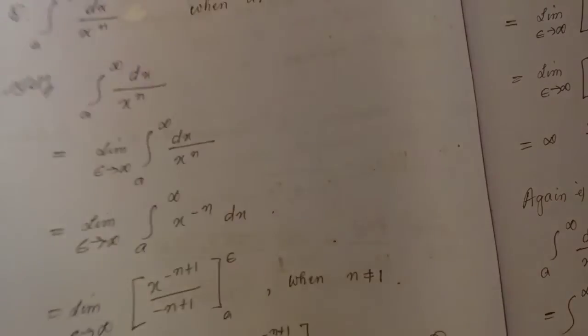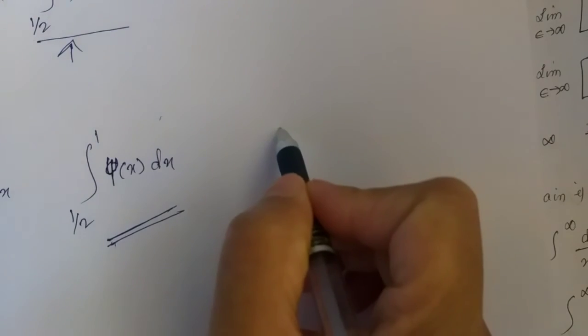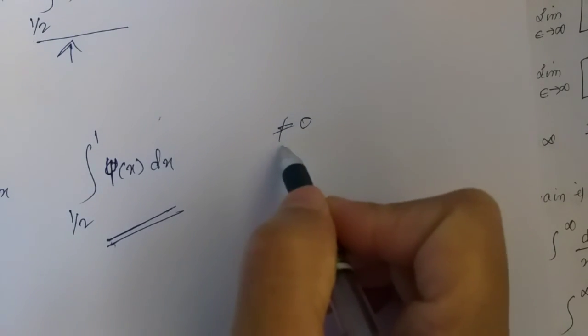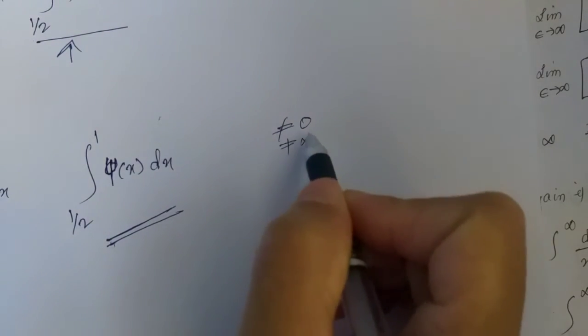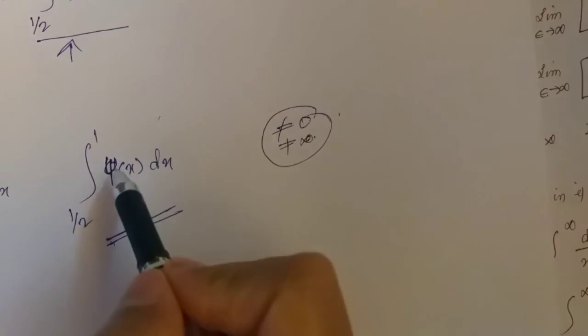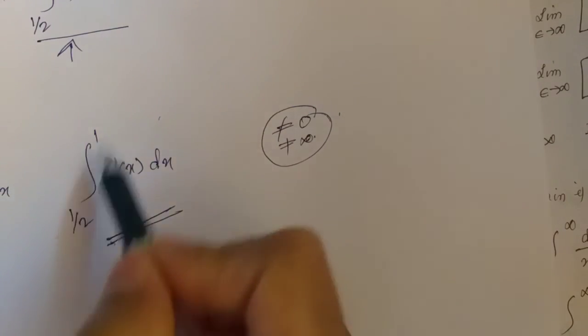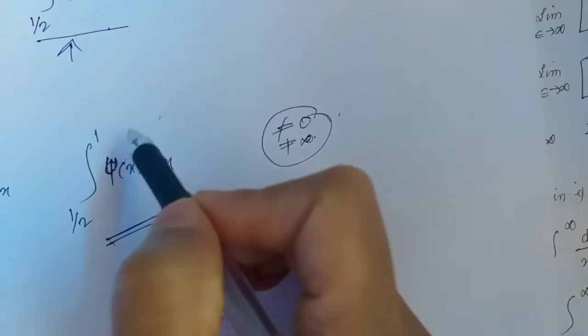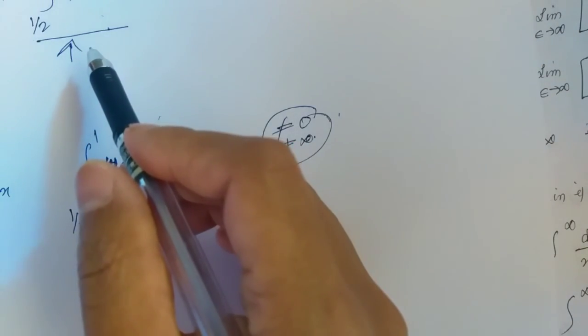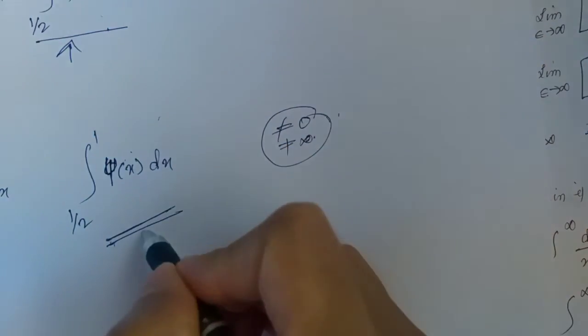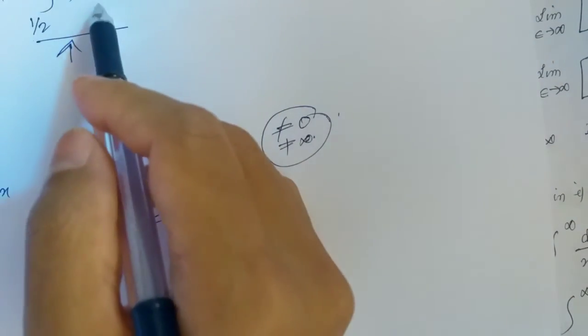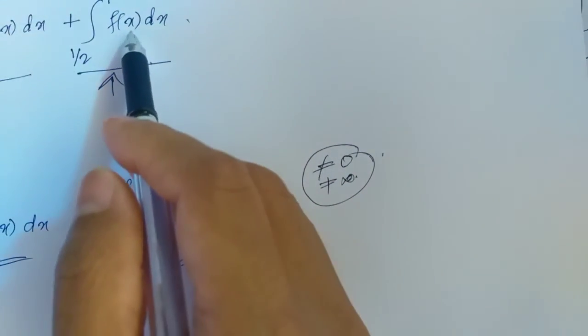That limit of the ratio is not equal to 0, nor equal to infinity. It means that these two integrals have identical behaviors. If this is convergent, this is also convergent.